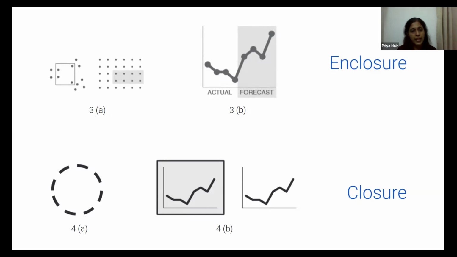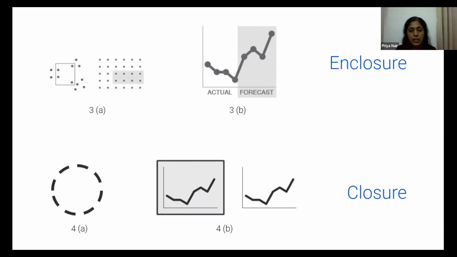A small gray shade is provided so that you feel that those dots belong to one group. Now in 3B, you will see it is a prediction. The actuals are plotted and the forecast has a background color. So that is enclosed, to highlight maybe to the user that that is the area where they have to focus because that is the prediction happening.